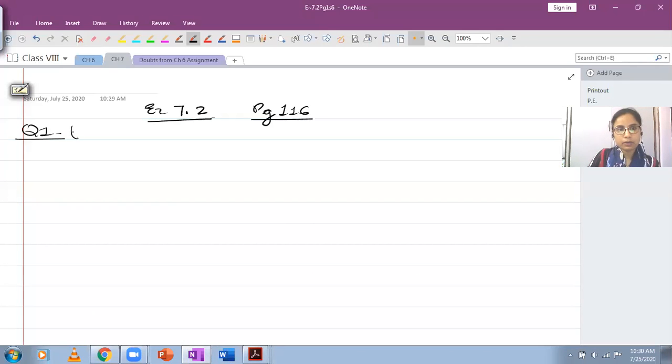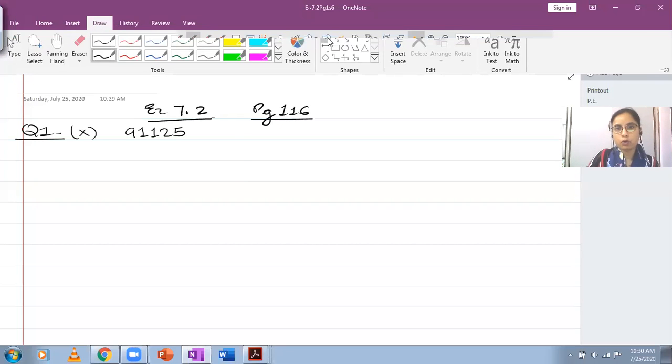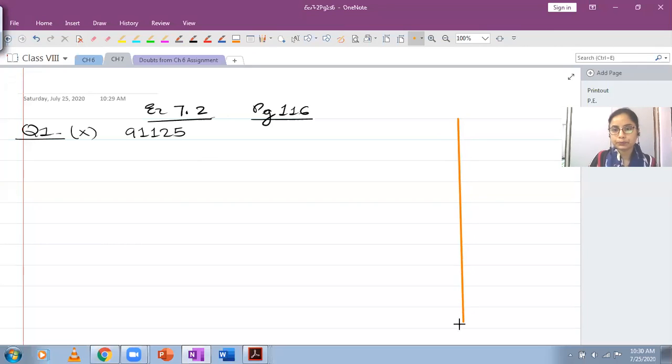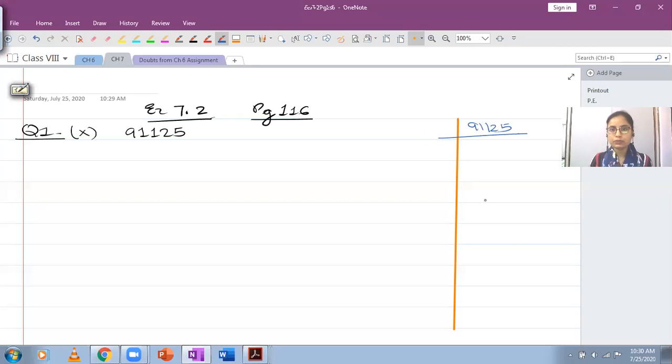So we have the 10th part, which is 91,125. Let's just start with the prime factorization as we would normally do. You can either use divisibility rules, or you can just look at the last digit.